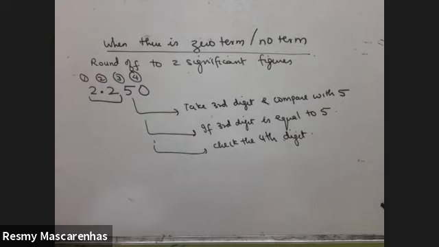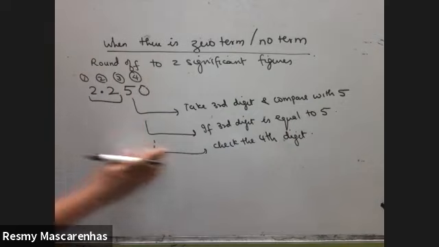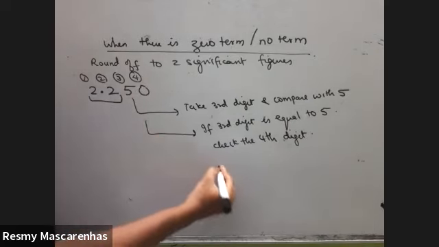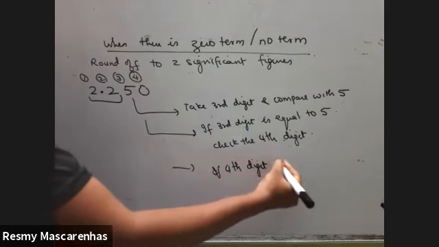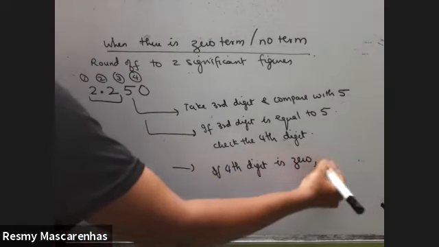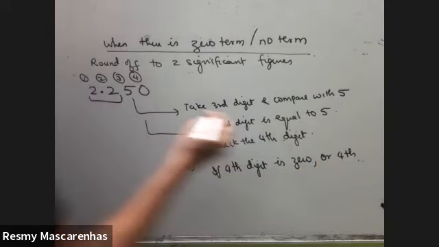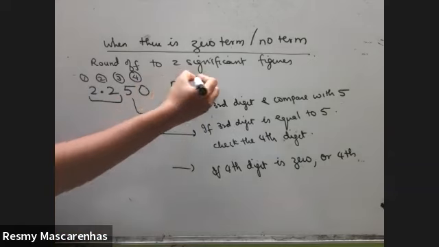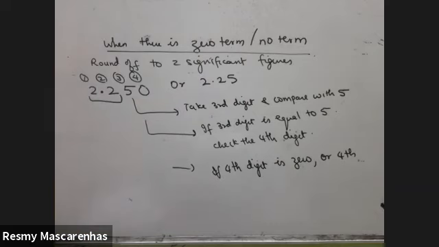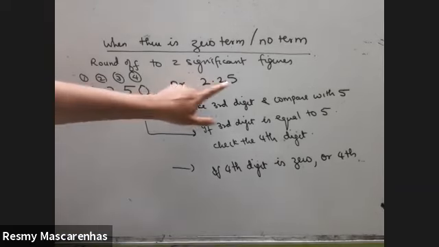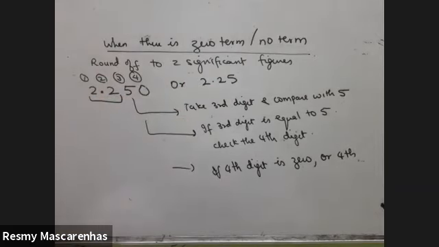Now see, now the rule will change. Now what to do? If this is 0, now this is 0 means don't add 0 here, simply keep it.